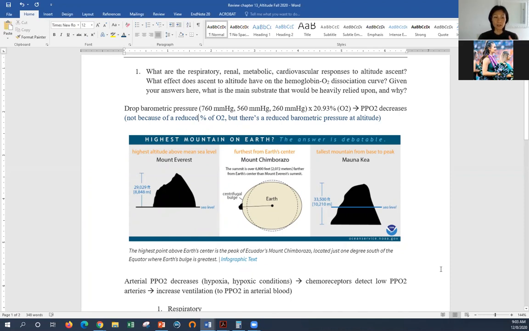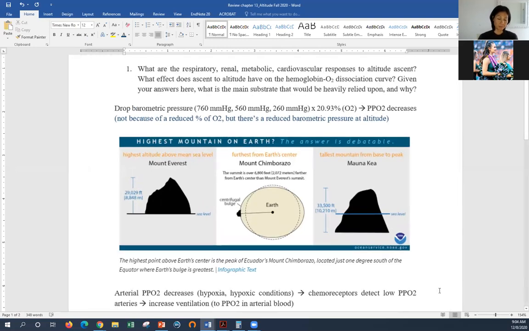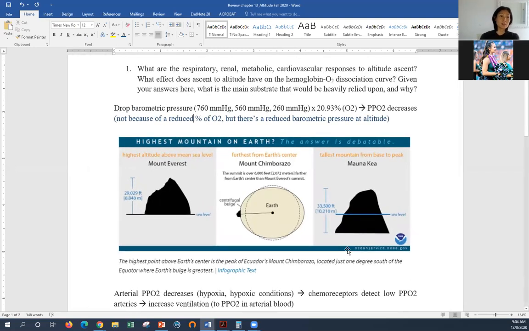But we here on the Big Island have the tallest mountain if it's measured from the base of the mountain to the peak, and that is Mauna Kea. And if we're measuring it from the center of the Earth to the top of the mountain, the highest mountain measured in this manner is in Ecuador, and it's Mount Chimborazo.